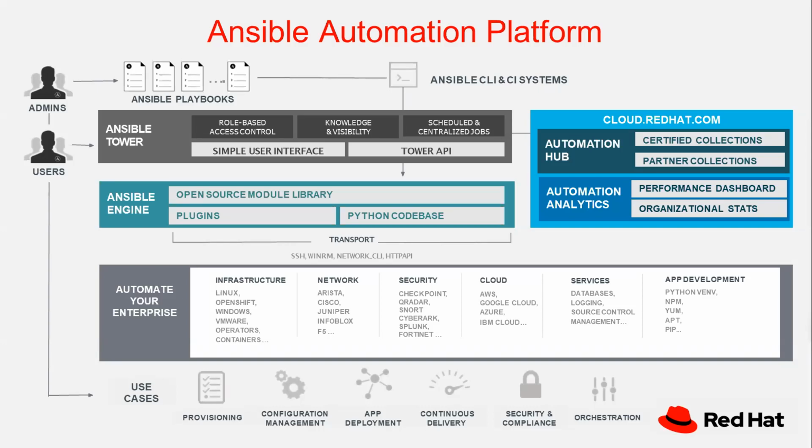The engine does most of the work, and the work is done in the form of playbooks. We have an automation orchestration platform in the form of Tower, and that plugs into your infrastructure for automation. And then there are hundreds of use cases to feed into that.